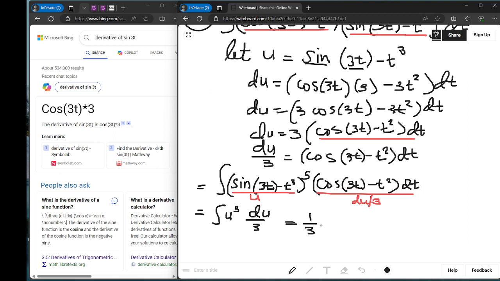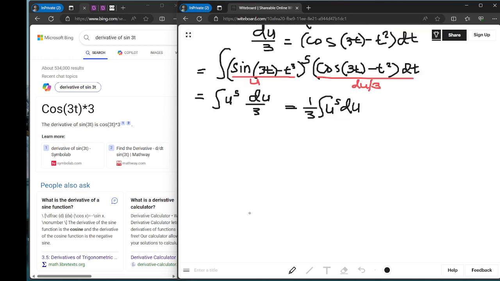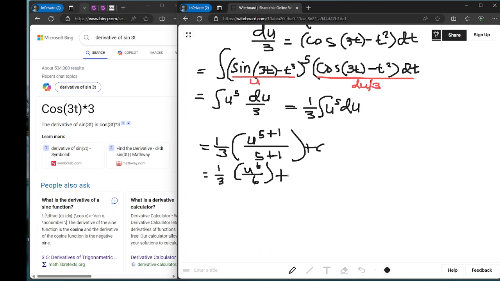That is 1/3 times the integral of u to the fifth du. We can now integrate this one. This is now 1/3 times u to the power 5 plus 1 over 5 plus 1, plus c, or 1/3 times u to the sixth over 6 plus c. Or we can have 1 over 18, that's 3 times 6, u to the sixth plus c.